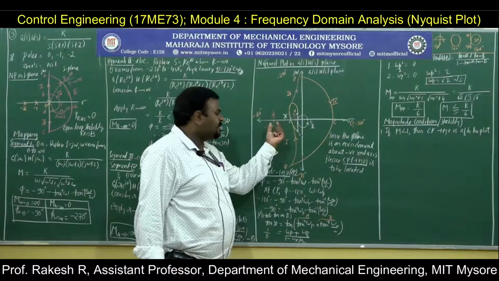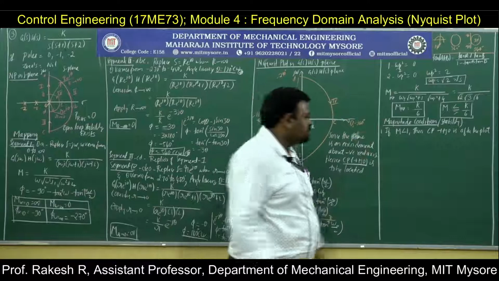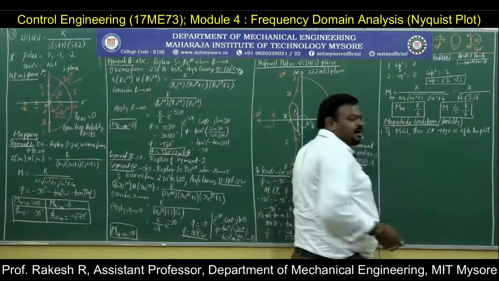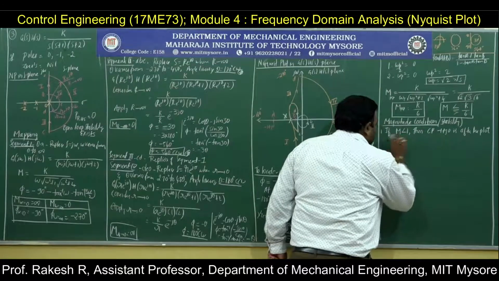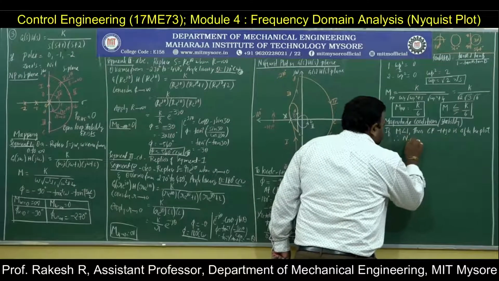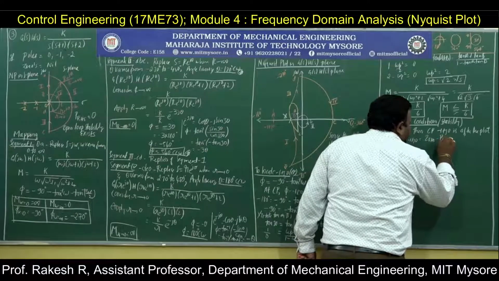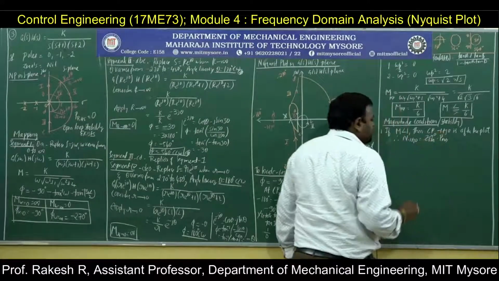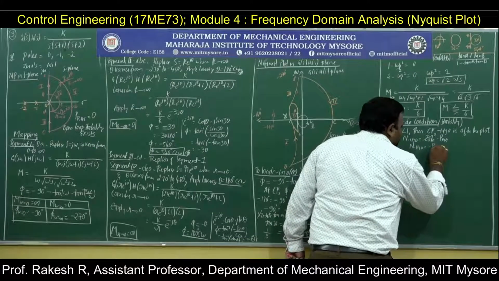Again, it is self-explanatory. After the plot, hence, according to Nyquist criterion. What is Nyquist criterion? Therefore, N minus 1 plus j0 is equal to Z RHS minus P RHS. Z RHS will be 0. N minus 1 plus j0 is equal to minus P RHS.